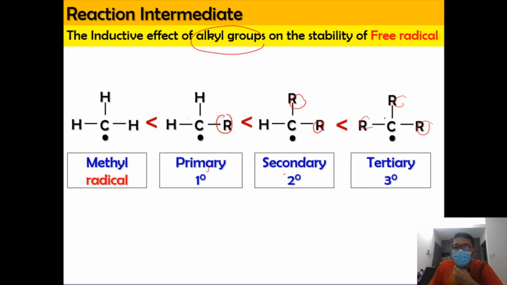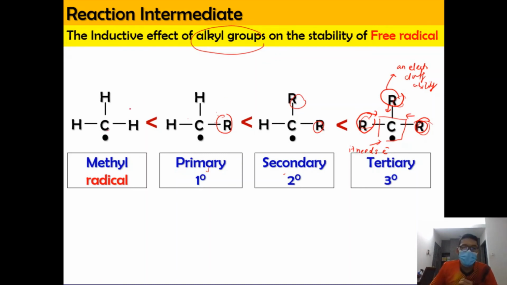As mentioned, the carbon free radical here is very reactive and it needs an electron. Okay, it needs an electron in order to complete its octet. The R here, as mentioned in the previous slide, has an electron donating ability. So when there are more alkyl groups attached to the radical, it will be able to donate more electron density towards the radical, hence it appears to be more stabilized.